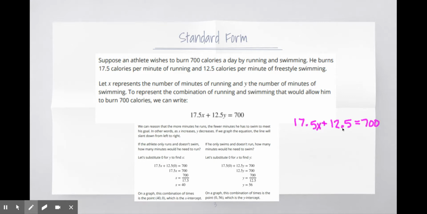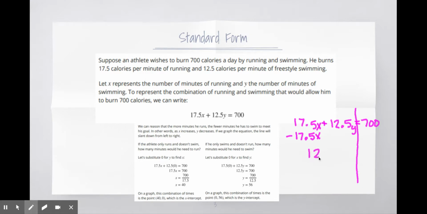Okay, so I would like to solve for Y. I'm going to start just by subtracting this whole piece here. And whatever I do on the left, I need to do on the right also.